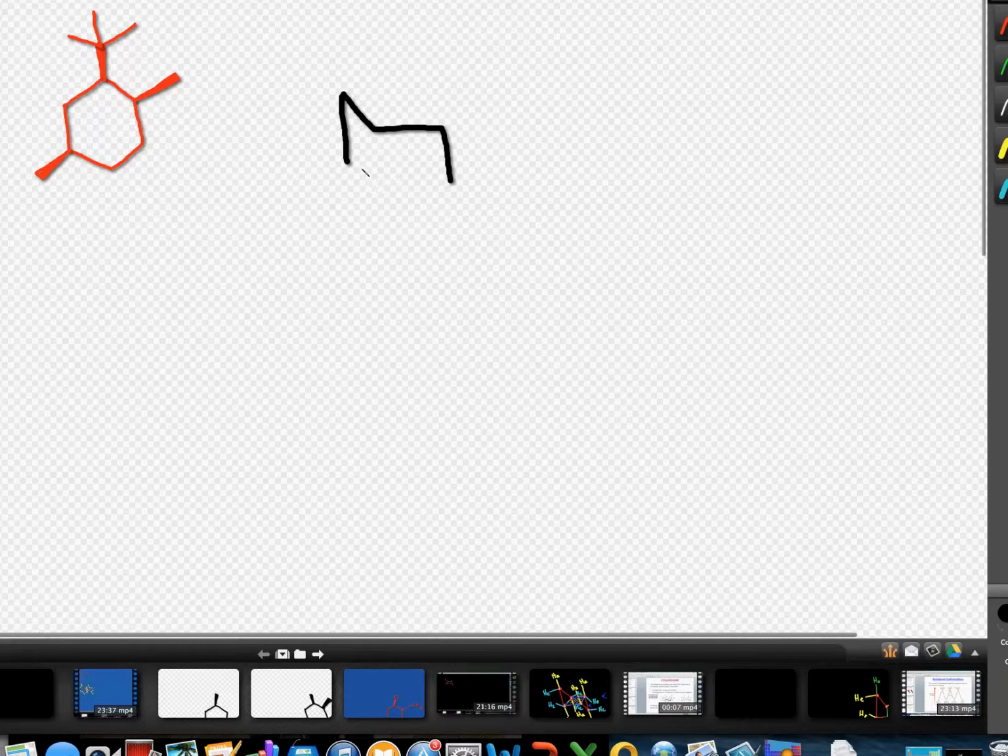And honestly, it doesn't make any sense to even draw the conformation that has the tert-butyl group in the axial conformation. Again, I want to emphasize the plane. I think when we do that, it's a little bit easier to see what should be north and south.